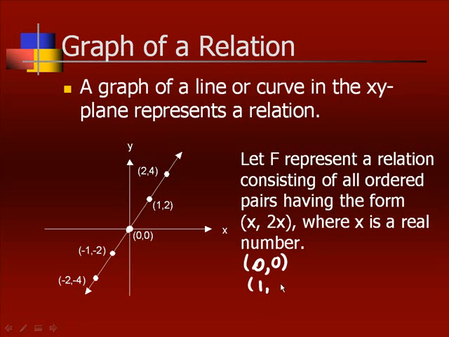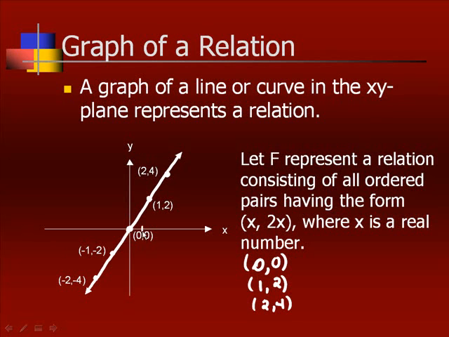If we pick x as 1, y would be 2 times 1, which is 2. If we pick x as 2, 2 times 2 is 4. So we just randomly pick some for our graph, and what you're going to find out is the relation is actually every point on that line, not just those 5 points.